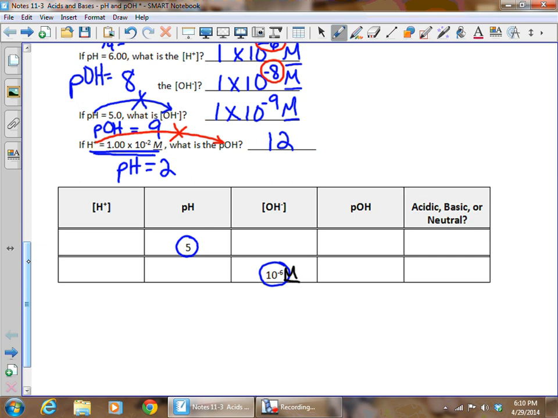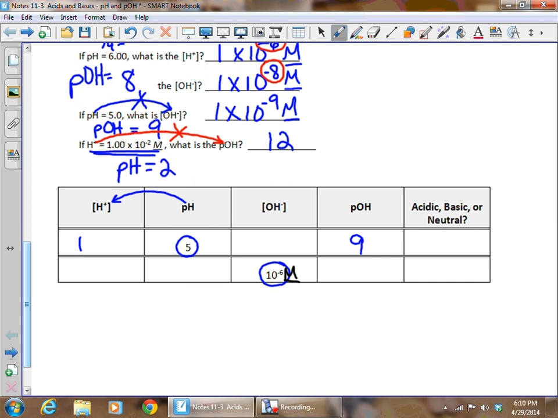Now, this is how you do the worksheet that has a table on it. This is not really on your notes, but you can look at your worksheet and see how you would fill out this table. If you know the pH is 5, then we can quickly find both the hydrogen ion concentration and pOH. Remember, pH plus pOH is 14, so if pH is 5, pOH is going to be 9. Now that we know those two values, hydrogen ion concentration we can get directly from pH.